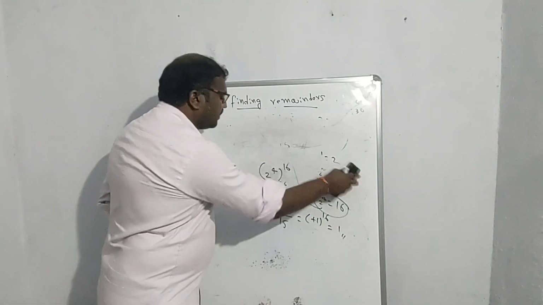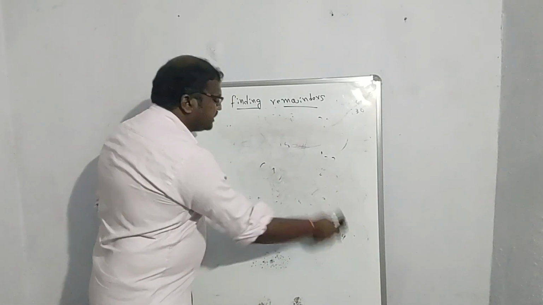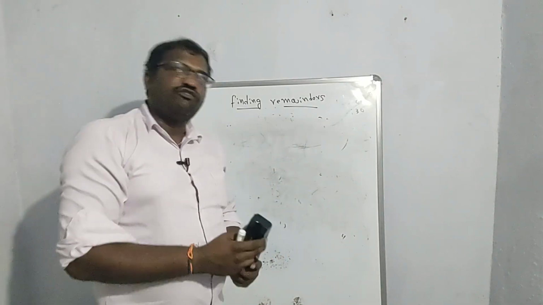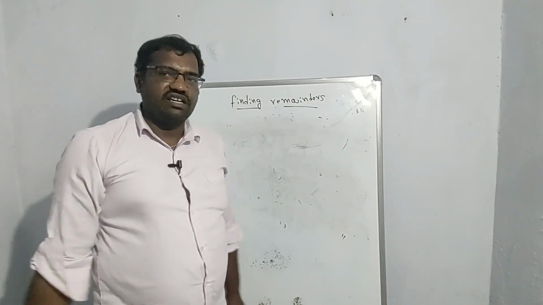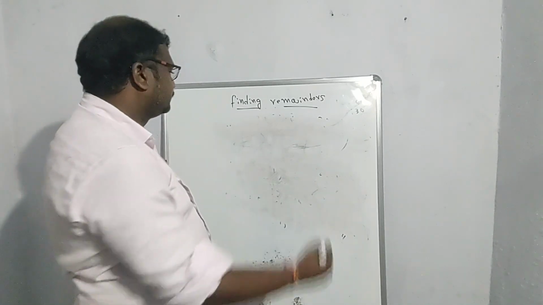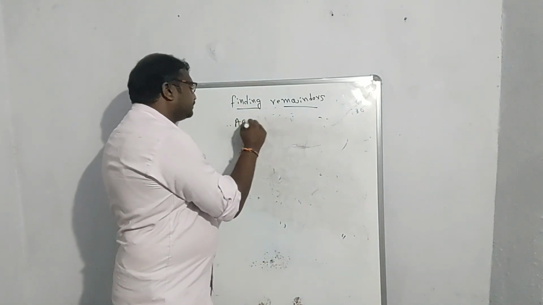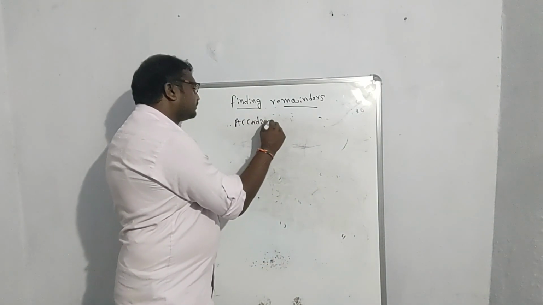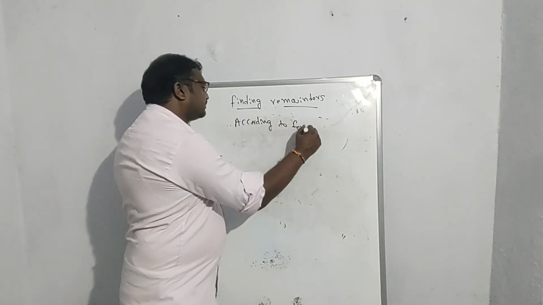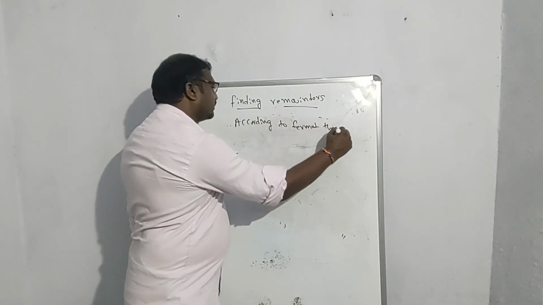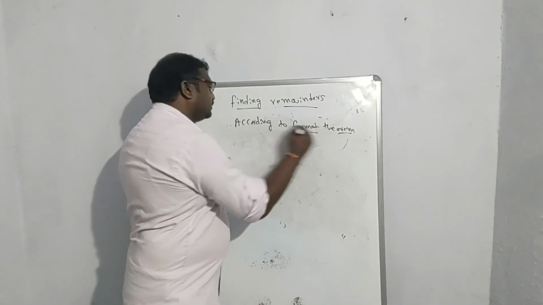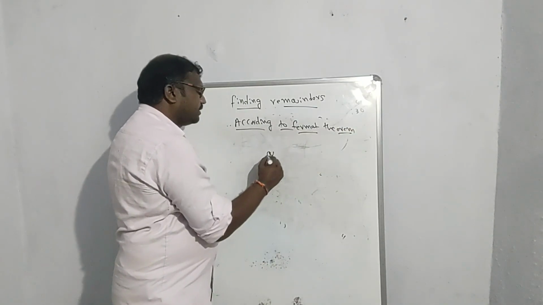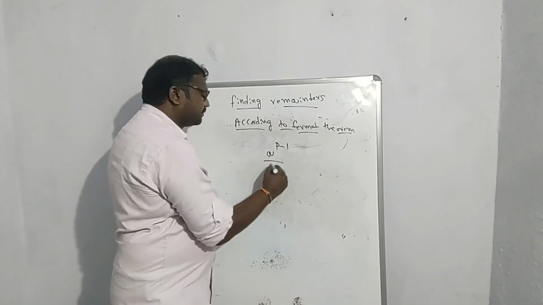Next, I will tell one important formula, Fermat's theorem. According to Fermat's theorem, we can solve problems very easily. So what is Fermat's theorem? a power p minus 1 divided by p.